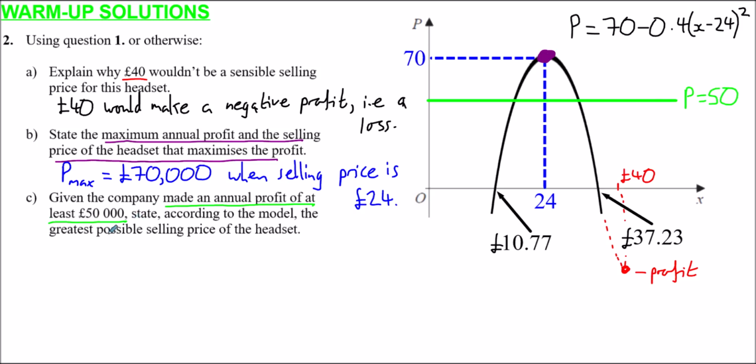So the greatest possible selling price will relate to not this point here. That point would be the minimum selling price that would generate a profit of £50,000. This higher one would be the maximum selling price, which would generate a profit of £50,000. So we're looking at this point, in fact, because we're wanting the selling price, in particular, we're after working out this value down here.